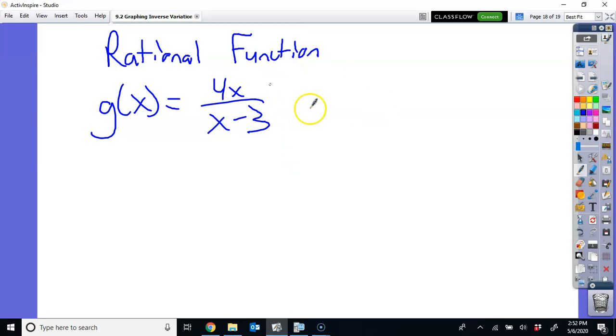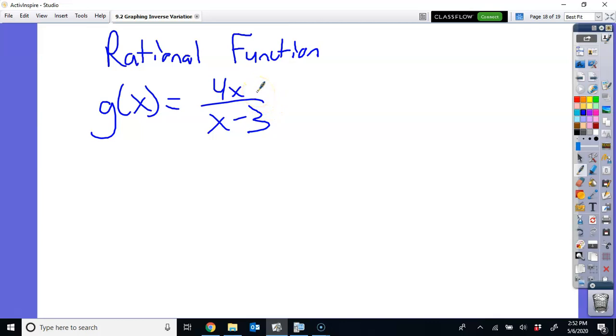They can get a lot uglier than this. You can get into some quadratics on the top or on the bottom, cubics on the top or the bottom. But it's polynomials on the top and polynomials on the bottom. So it is things that you've worked with before. They're not random new functions. But because there's two of them and they're dividing, that's why it's called a rational function, a ratio.